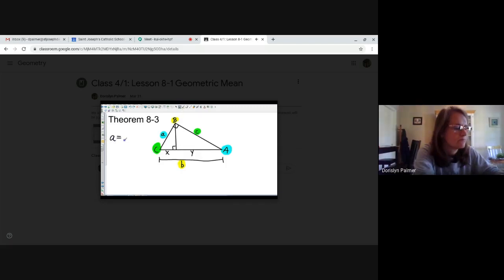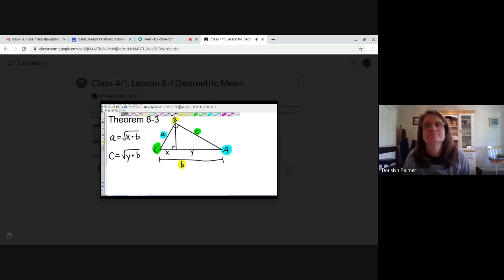A is going to be the geometric mean of the segment that it is adjacent to, which is X, times the entire segment that's opposite, which is B. And that means C will be the geometric mean of the segment it is adjacent to, which is Y, times the entire segment, which is B. Again, when I'm looking at side A, the adjacent side to A is side X, and the adjacent side to C is side Y. Just a quick reminder, adjacent stands for next to.